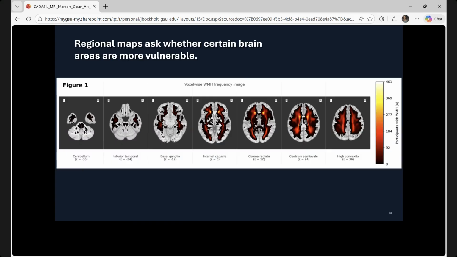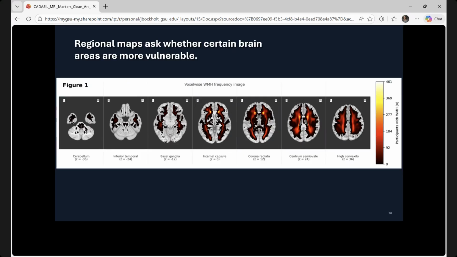If another participant had a lesion in that same area, it gets brighter and brighter. We go all the way up to, in this case, 461, which is the number of participants in the study that had lesions of any kind. As you get brighter, you can see the most common regions.